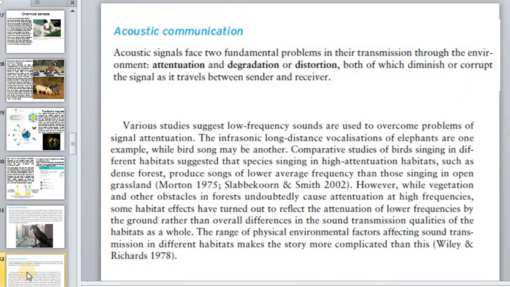We say about this that very often acoustic communication signals face fundamental problems in their transmission through the environment, because they can be degraded or destroyed, both of which diminish or corrupt the signals as they travel between sender and receiver.